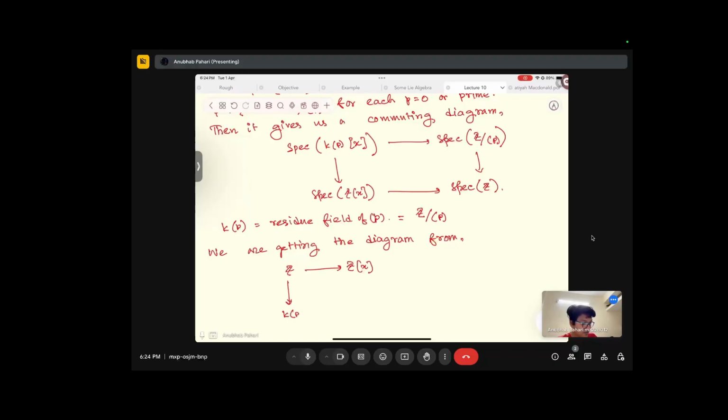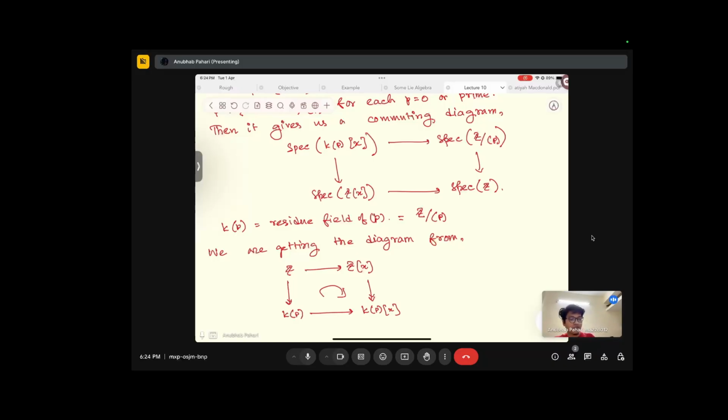kp to kpx. So you know that this commutativity is kind of trivial and routine checking. So you are getting the diagram from this map, and if you take the spec of this diagram, it will be reversed, right?